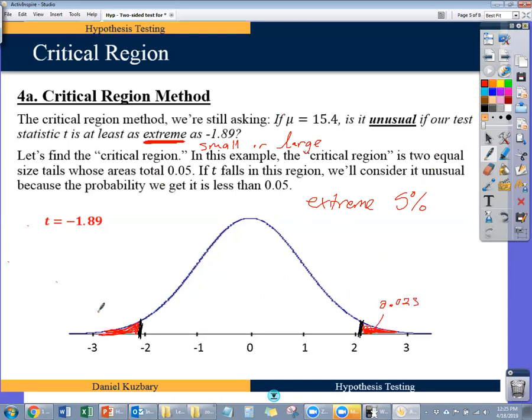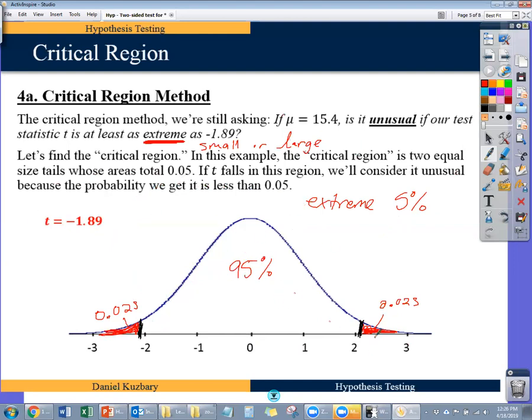And this area is also equal to 0.025. So they're the same size, and they have a total of 0.05. So that means this middle part is the middle 95%. So if t falls in this red region over here, we're going to say it's rare. Or if the opposite of t falls in this region, we're going to call it rare. But if t doesn't, we will say it's not rare, and that'll help us draw our conclusion.